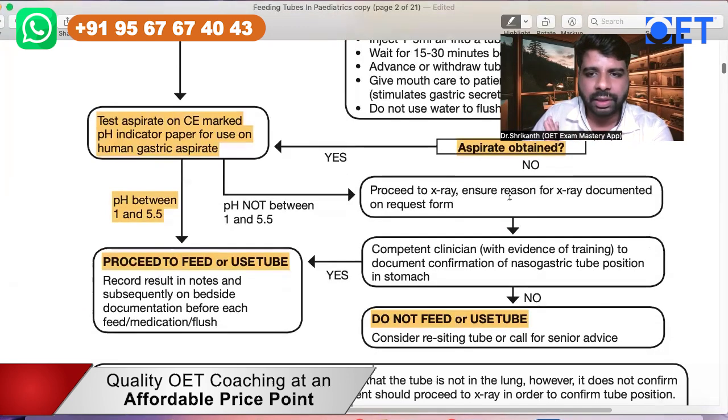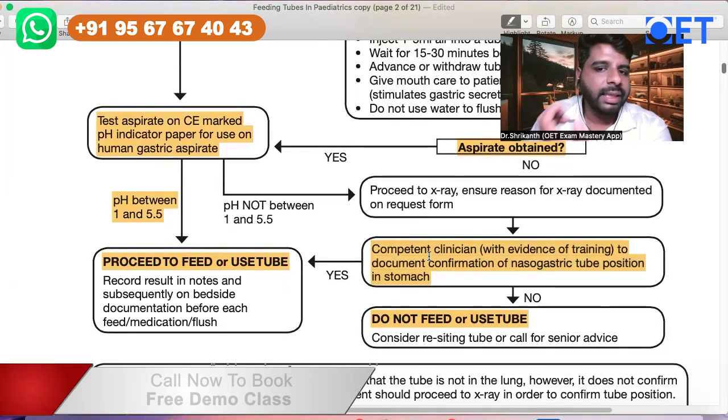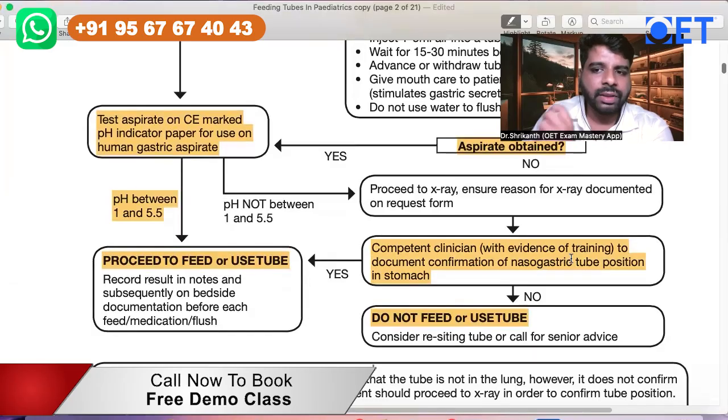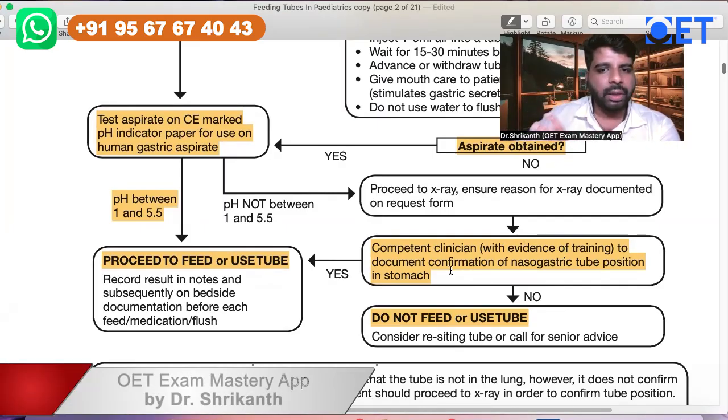Now here also, you see this: competent clinician. Competent means a very skilled clinician, a very skilled clinician with evidence of training to document confirmation of nasogastric tube position in the stomach. So if we have this situation, where we have a very skilled clinician, then it is safe because the clinician is an expert.